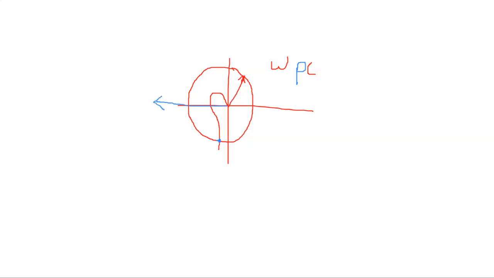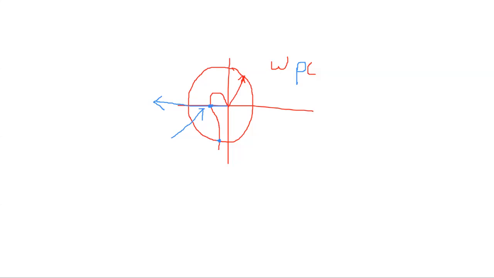So the point of intersection of negative real axis with polar plot is nothing but omega PC. So two things we have seen. The point on polar plot which intersects with unit circle is the point at which magnitude is 1, which gives you omega GC. And the point of intersection of polar plot with negative real axis gives you omega PC.